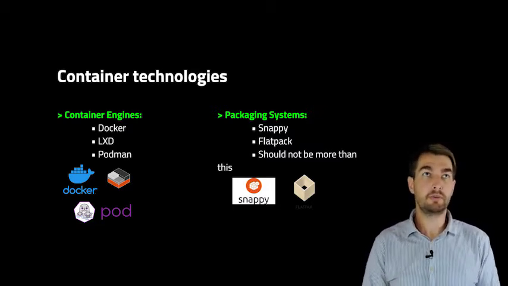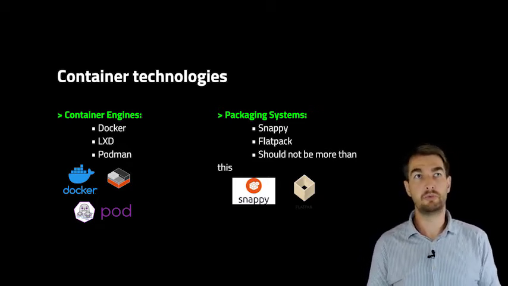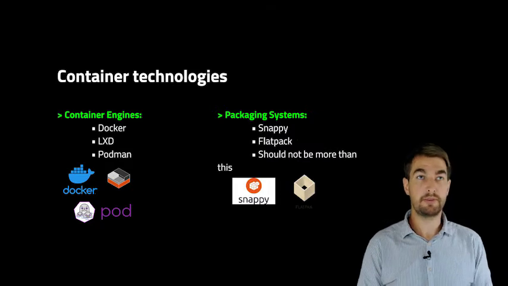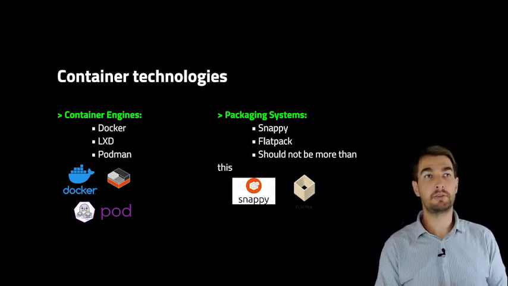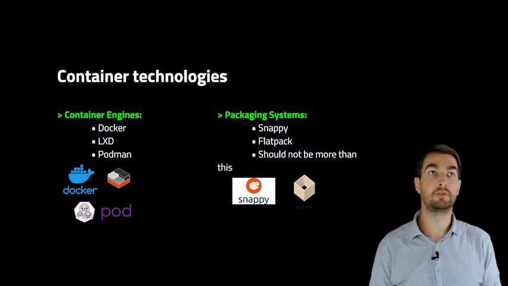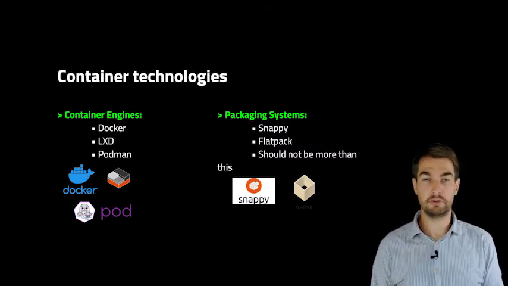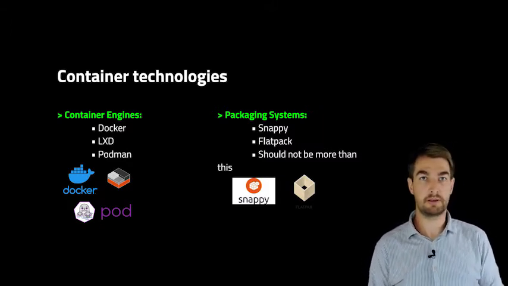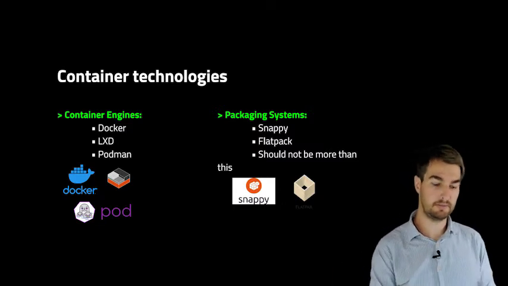What that means is you can select a base operating system like Ubuntu 18.04 and then develop your application on top of that. And if you ship that to a Fedora Linux, it will still use the root file system of the Ubuntu system. For that, you can use Snappy, Flatpak, and so on. It makes your application independent of the base system.